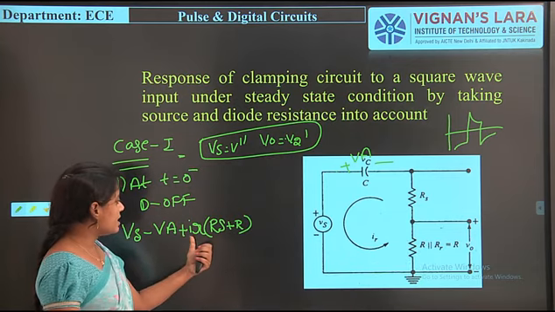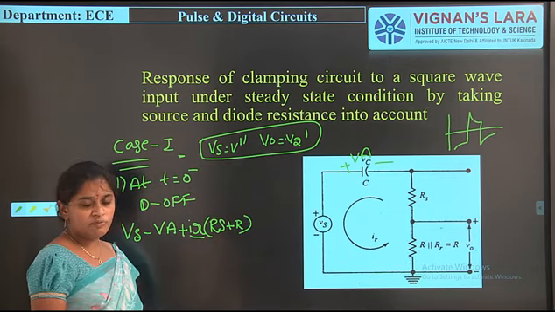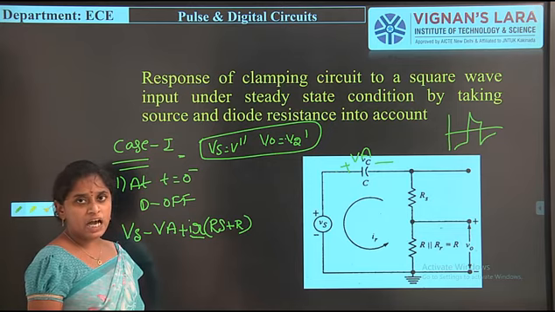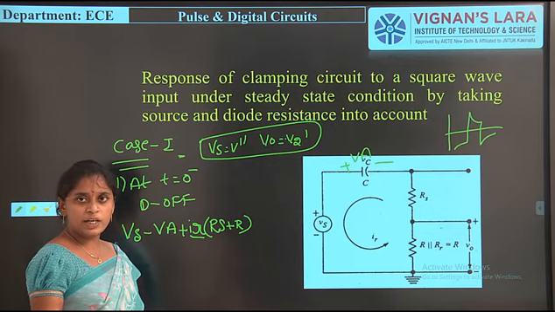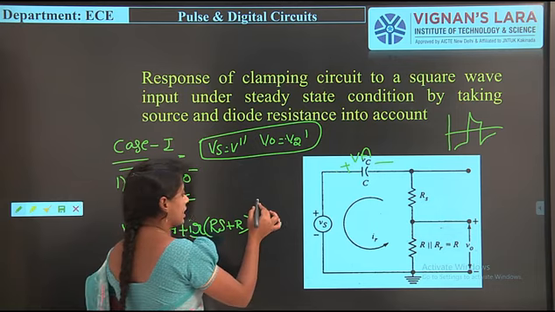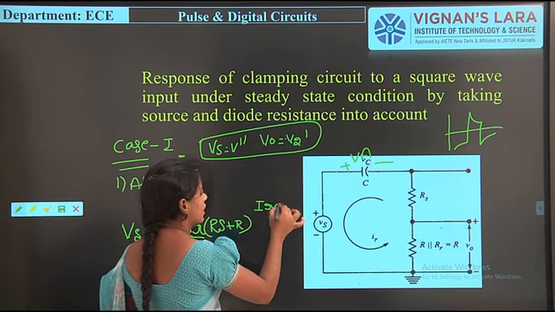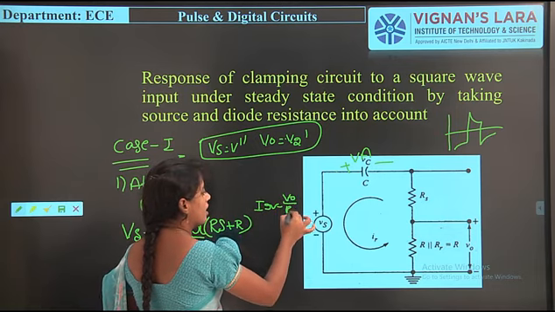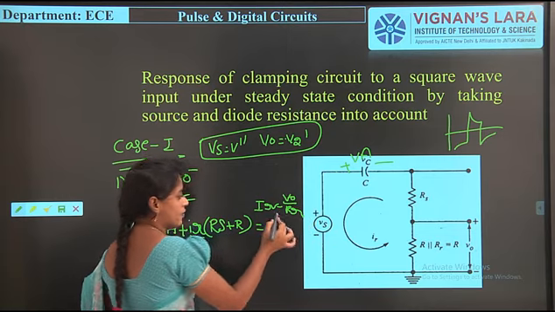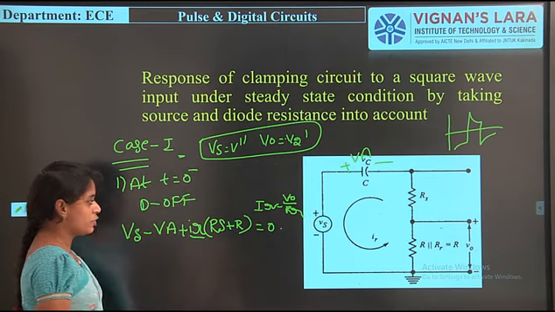We know that the current IR is equal to V0 by RR. So in place of IR we have to substitute this value.